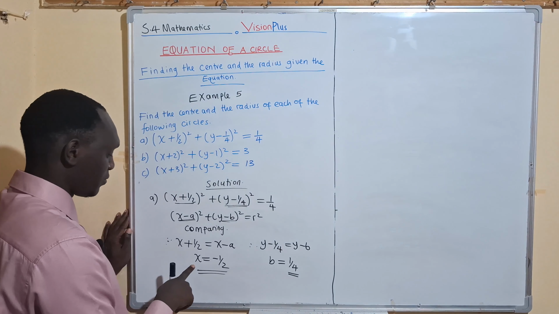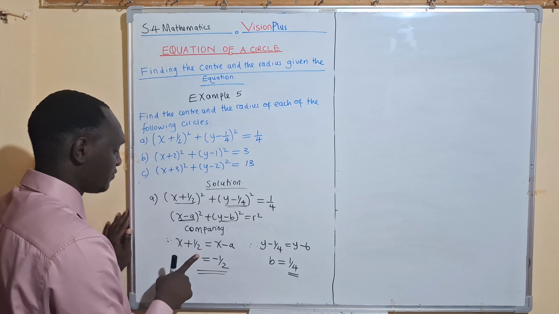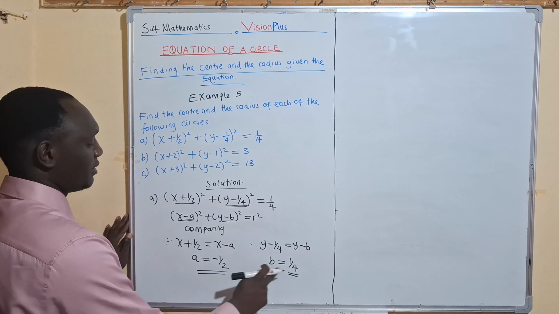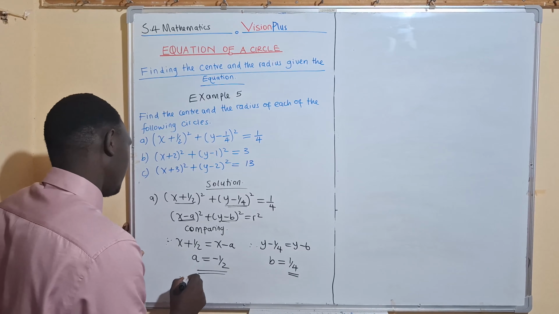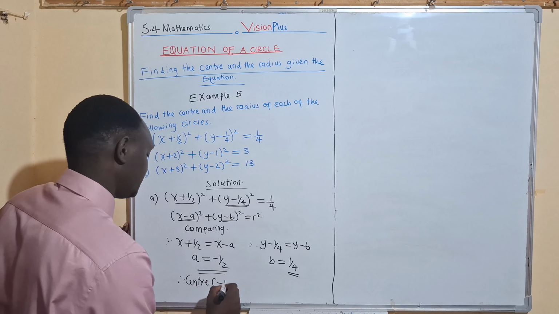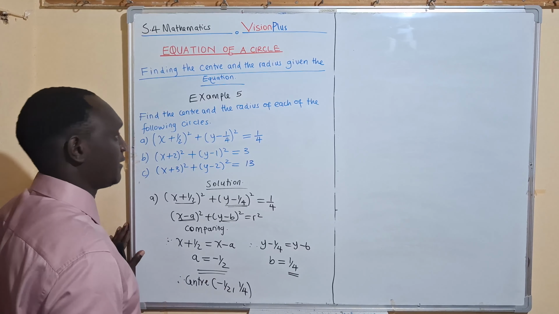I see x here, I don't know what I did, but this should be a. If we make a the subject of the formula, we find that a equals negative half, b equals positive quarter. Therefore my center is negative a half and positive quarter.